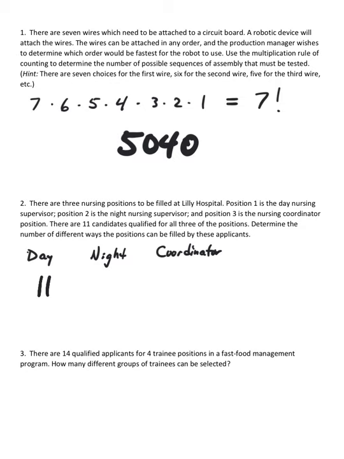Once the daytime supervisor position is filled, then there are only 10 candidates left for the night. And once that one's filled, then there are only 9 candidates left for the nursing coordinator position. Now, if we multiply these, that's, let's see, 11 times 10, that's 110, times 9. Okay, so that gives us 990 different ways.